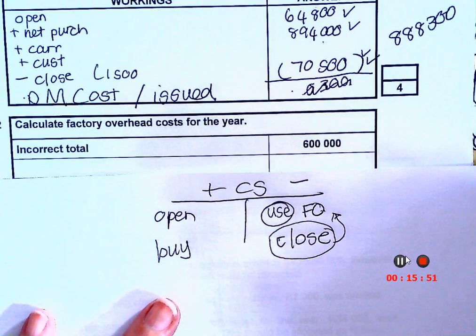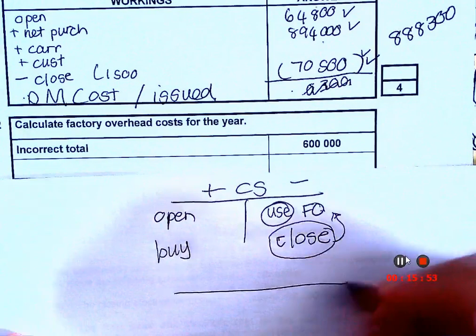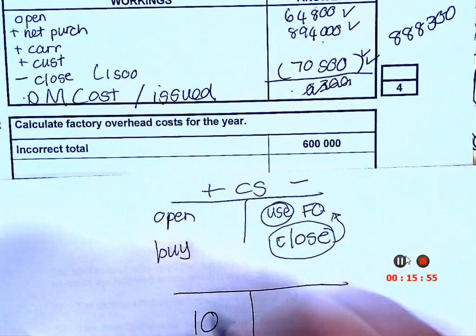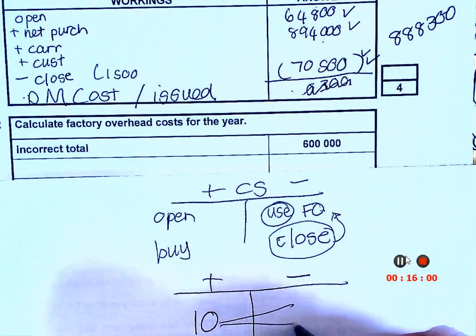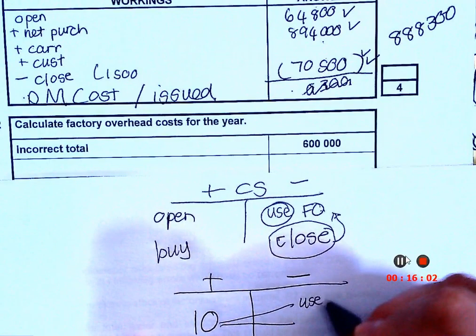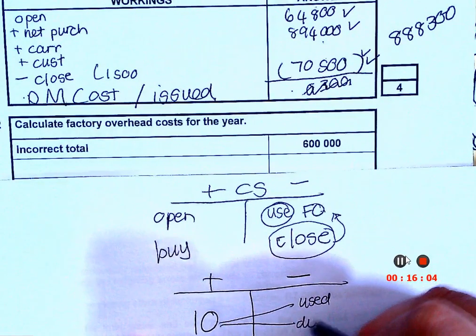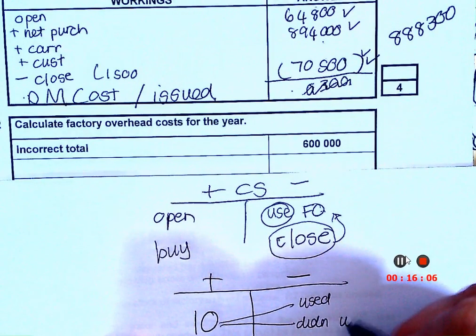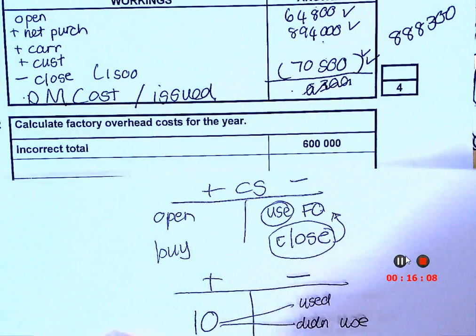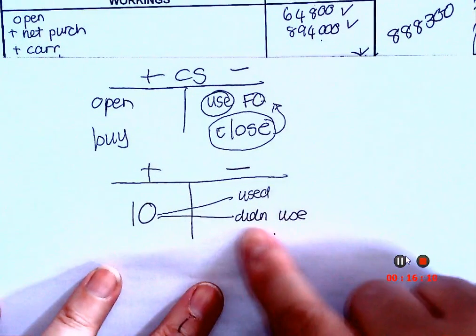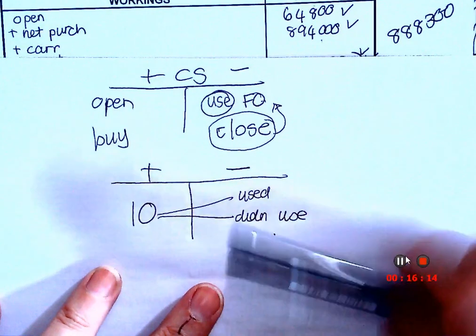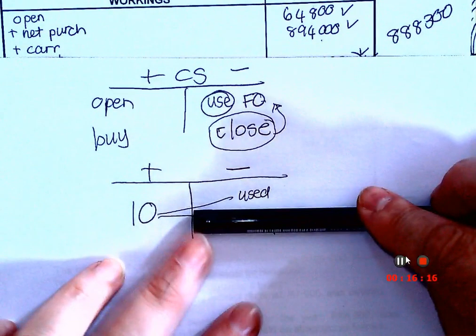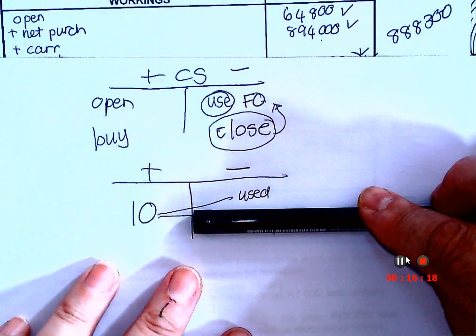Does that make sense to you? If I say this side is 10, and it's divided between what I used and what I didn't use. Okay, you guys get me? So now they didn't give me what I didn't use. They didn't give me the closing stock. So meaning, according to me, I used 10.